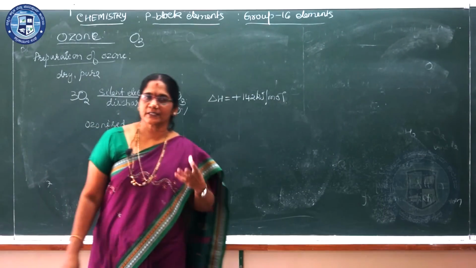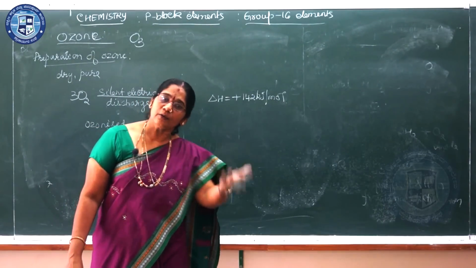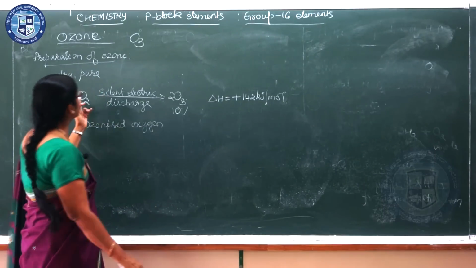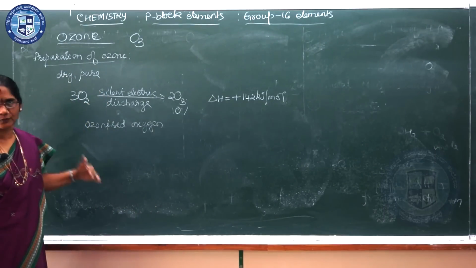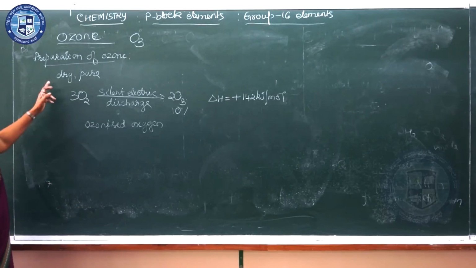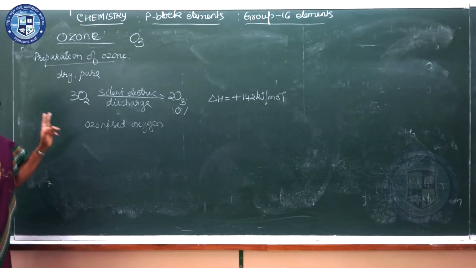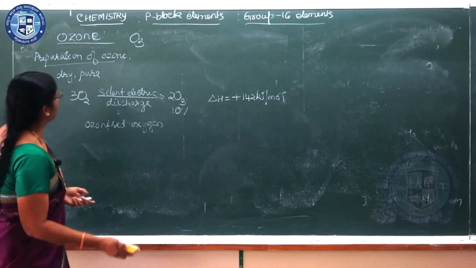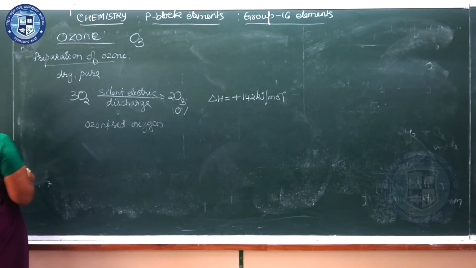So the oxygen along with the formed ozone, that mixture is called ozonized oxygen. So this is how we prepare it. Normally it is asked for 2 marks, equation carries 1 mark and the explanation 1 mark. So this is an important question in view of your examination that you have to remember. So this is an endothermic compound.